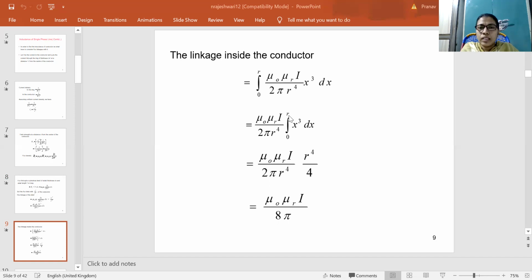By substituting the upper and lower limits, we get r power 4 by 4 minus 0 power 4 by 4. The 0 term is 0, so we get r power 4 by 4. By cancelling the r power 4, we finally get mu naught mu r into I by 8 pi. So this is the linkage inside the conductor.